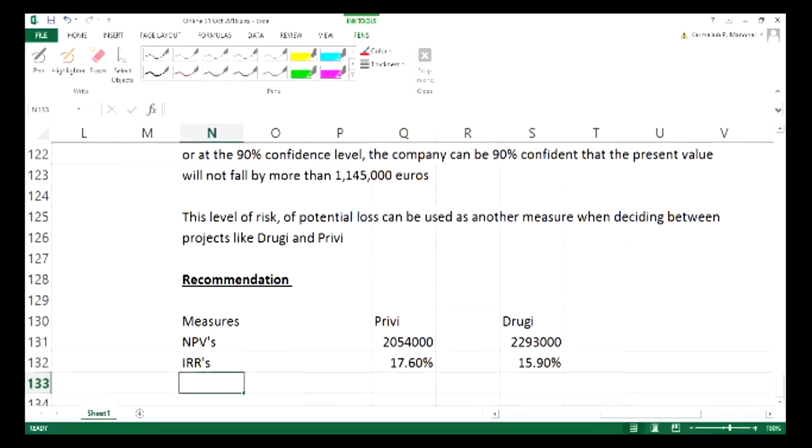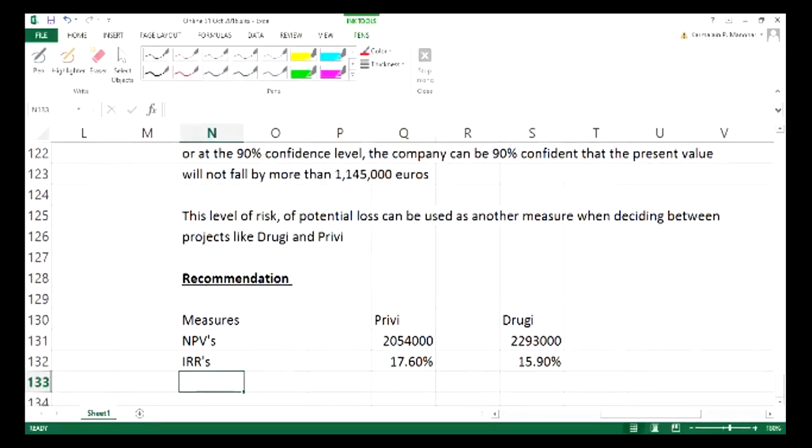Excuse me. We had MIRRs, the modified IRR. Privy was 13.4 percent, and we found our Druggy at 14%.